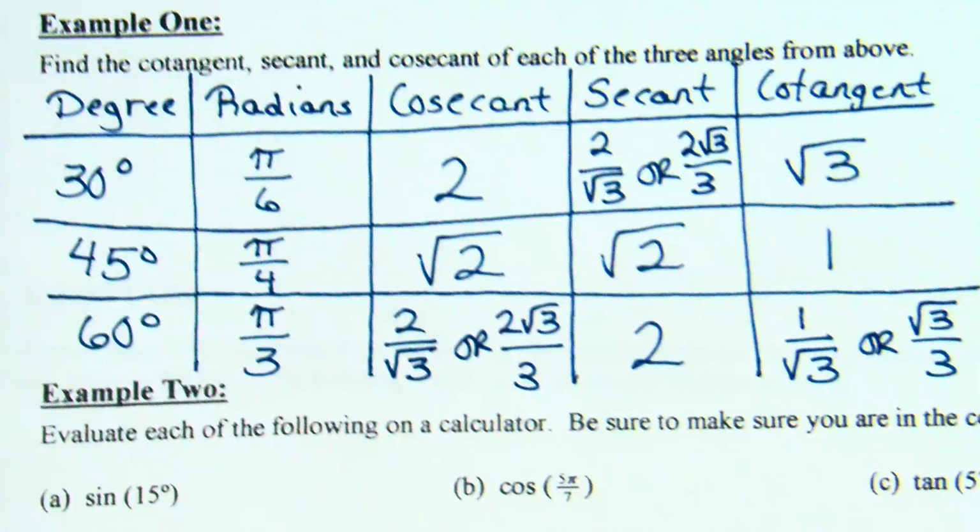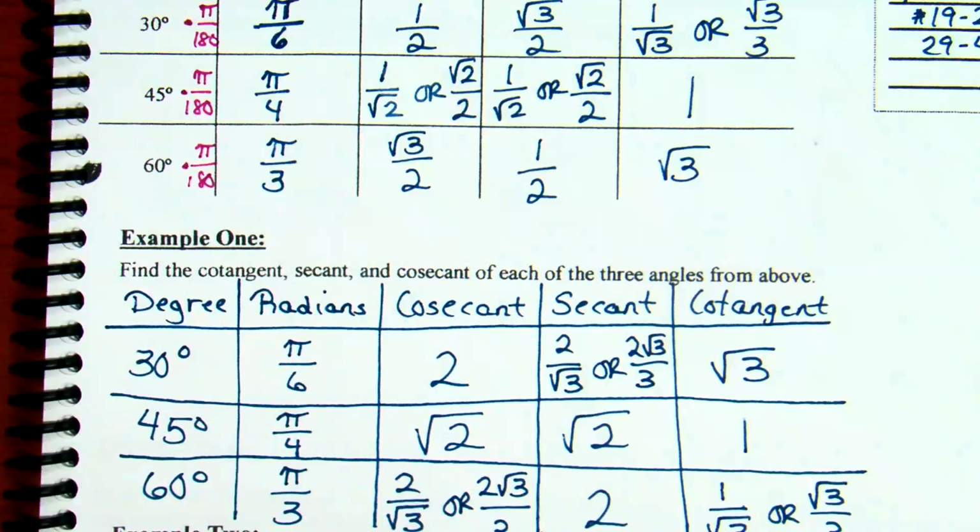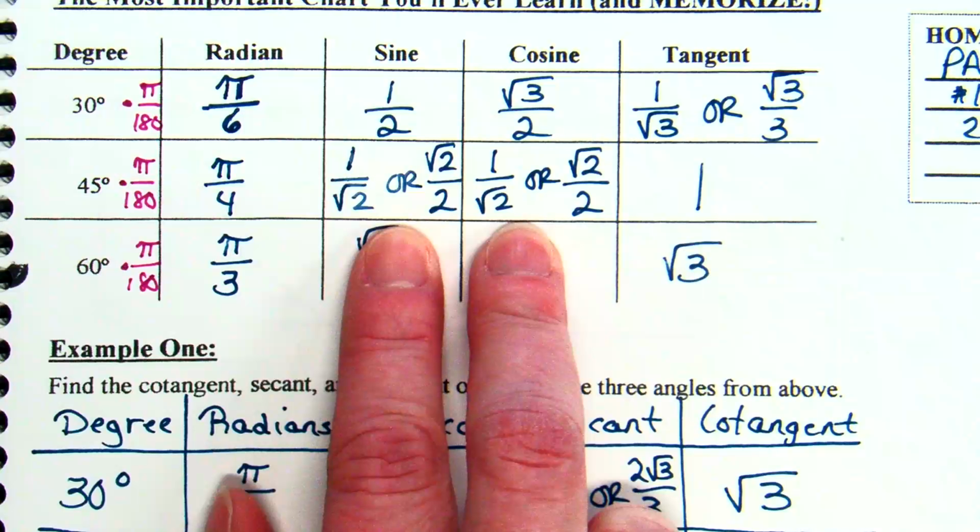Now, one thing I forgot to mention up above. Did you guys catch some of the connections? I mean, obviously, it's a good connection to notice that sine and cosine of 45 are always going to be the same, right? So if you know one, you know the other. Did you catch the other sine and cosine connections? 30 and 60 are opposite, right?